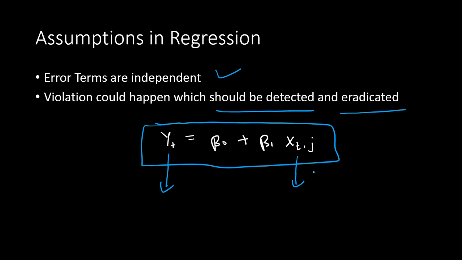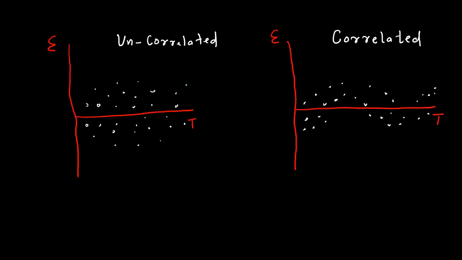And in such cases, where the independent variable is time series in nature, you most probably come across the problem of autocorrelation, where the error terms would be correlated to its previous error terms. So how do we detect and how do we eradicate?